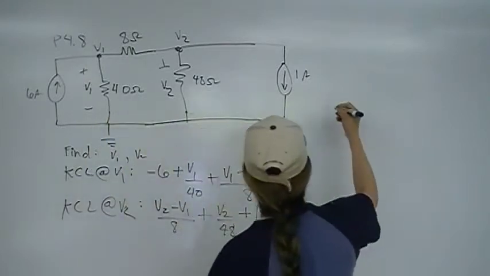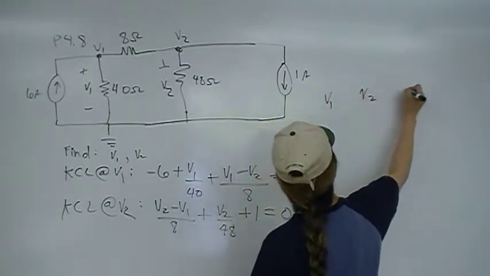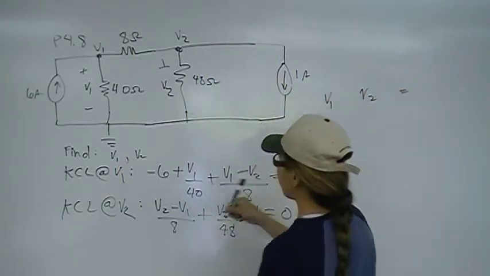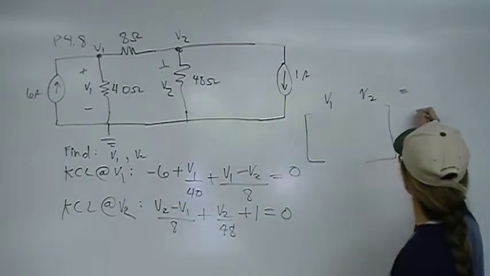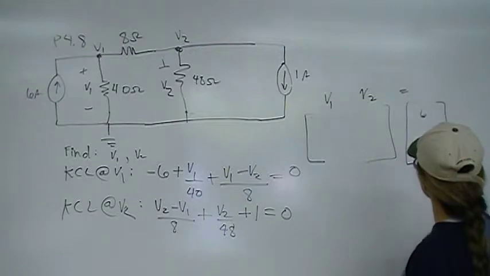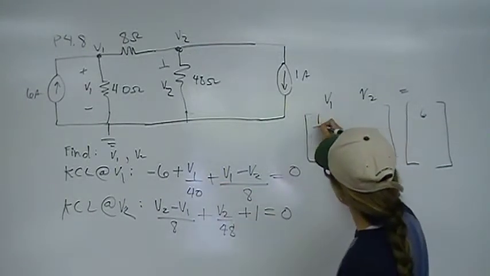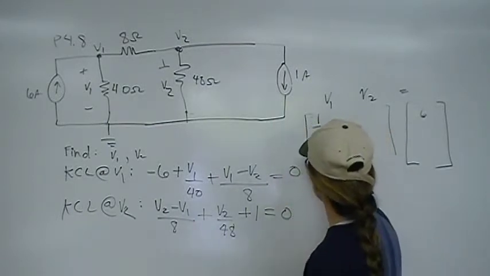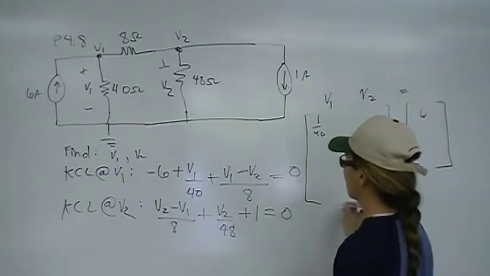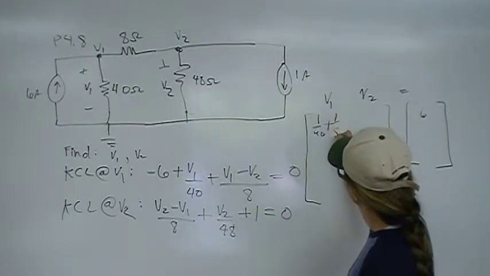Over here, we're going to make our matrix of the simultaneous equations. I'm going to move the 6 over to this side. We have 6. Coefficient of V1 is 1/40, plus 1/8.